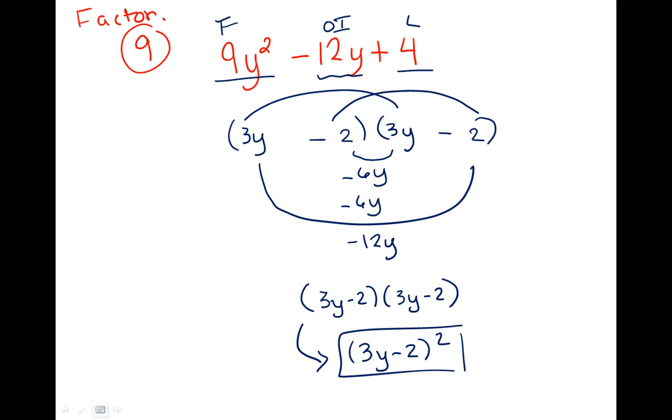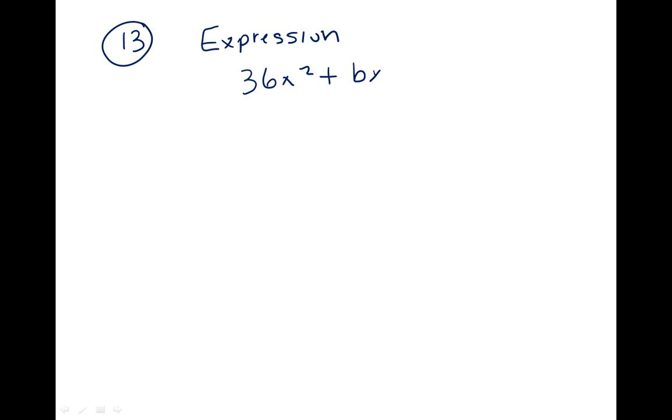Now there is a problem that gets you thinking, but I'll go over it in your homework, that looks something like this. It gives you the expression 36x to the second plus bx plus 121. And it's asking you, give the value of b.